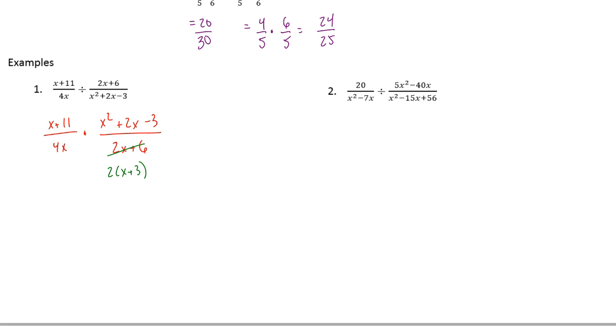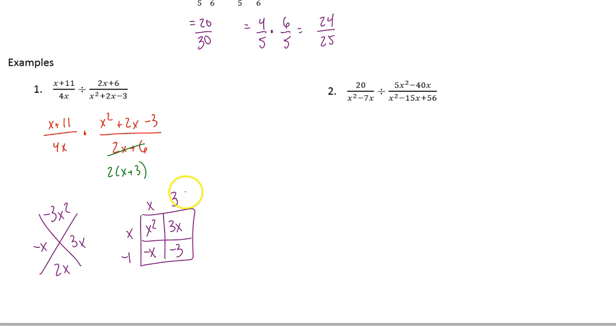And the numerator, x squared plus 2x minus 3, we can factor using the Xbox method like we've been doing before. So again, let me show you the sped up version of how to do that. We end up getting this factoring to be x plus 3 times x minus 1.